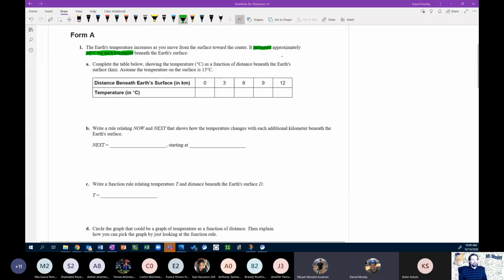Increases. So, aumenta. Yeah. Can you tell me how to spell that, please?